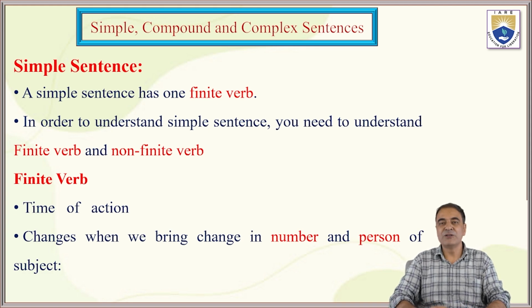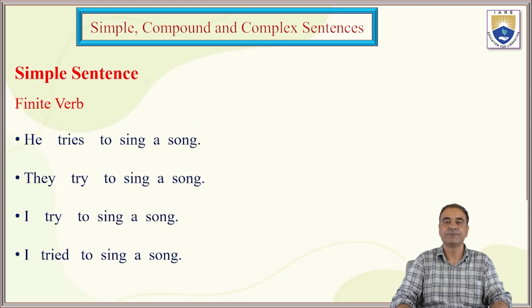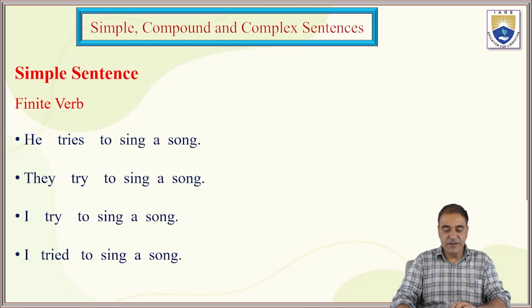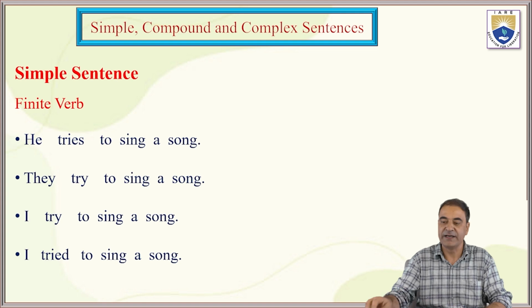Now, I will try to explain these things with the help of examples. For example, look here. We have sentences, in fact, we have four sentences. In each sentence, we have two verbs. And here you can differentiate the finite verb from the non-finite verb.